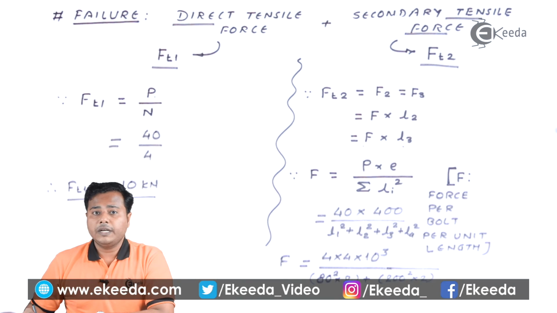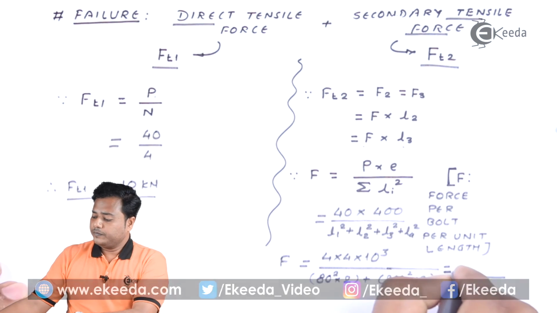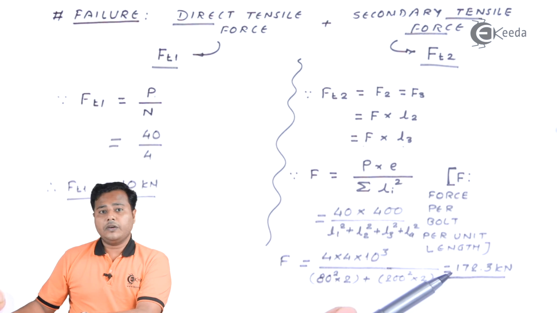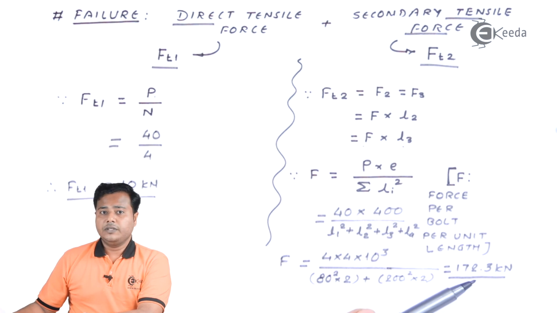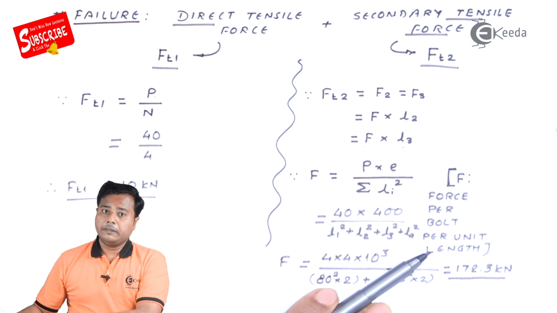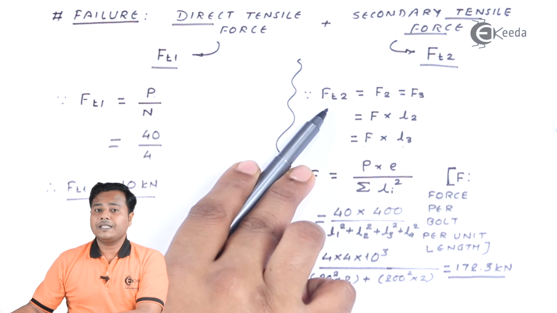Before we move ahead, let us finalize this calculation. It comes somewhere around 172.3 kilonewton. So that is the equivalent force per bolt per unit length, from which we need to take the actual force, which is going to be either F2 or F3, which is basically Ft2.